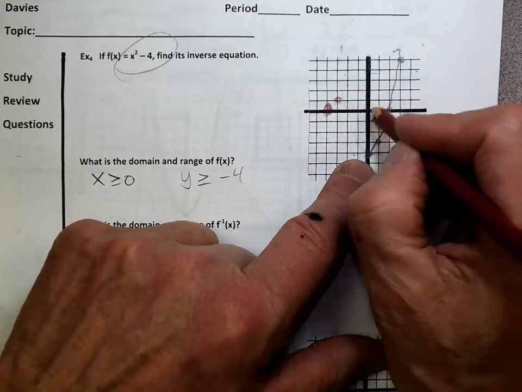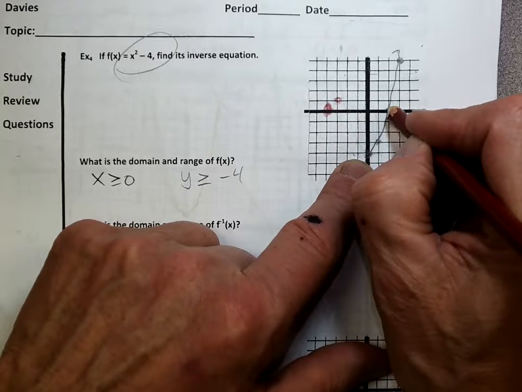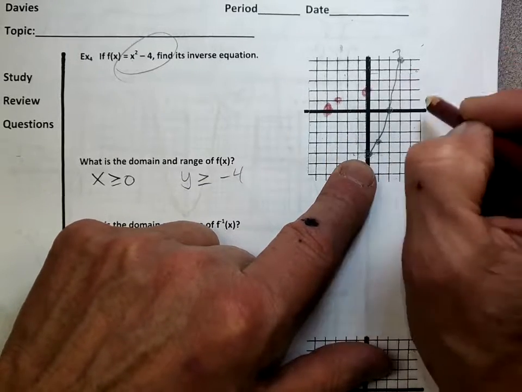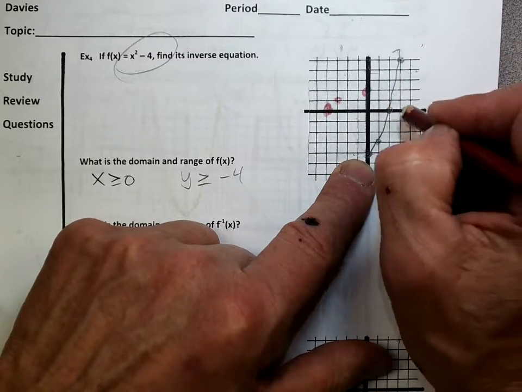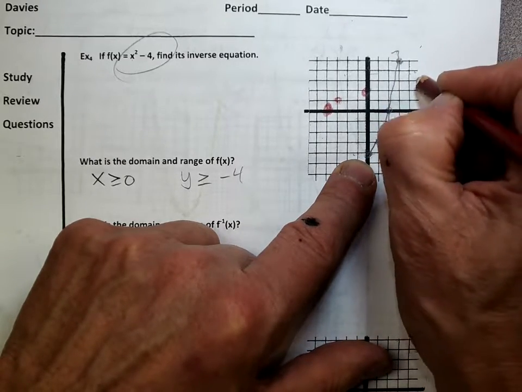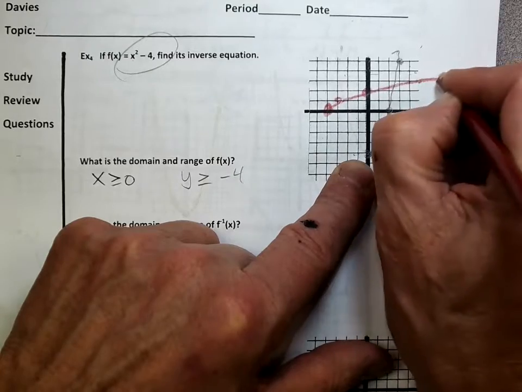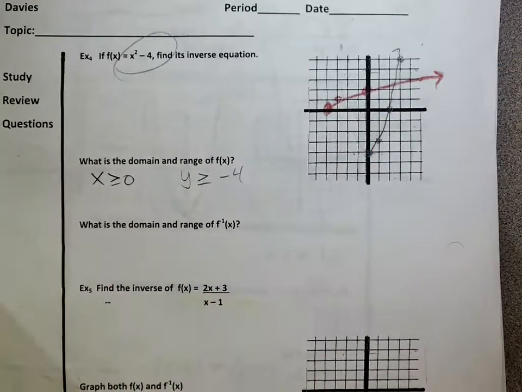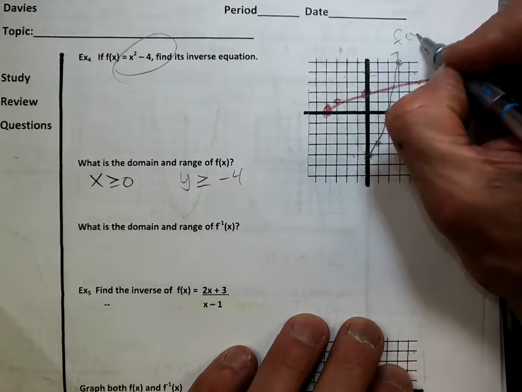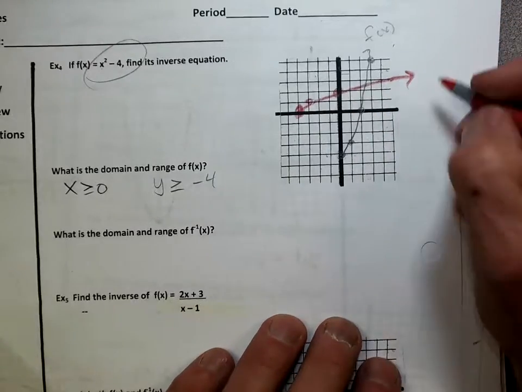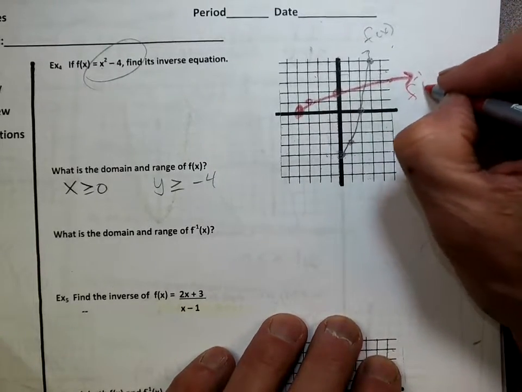I'm at 2, 0, so I'm going to go 0, 2. I'm at 3, 5, so I'll go 5, 3. What I have is f of x, that's my original function. And I have my f inverse of x.